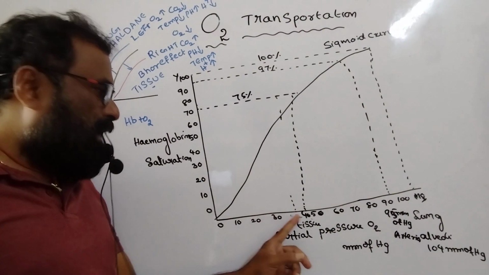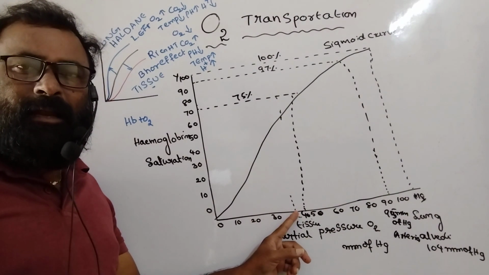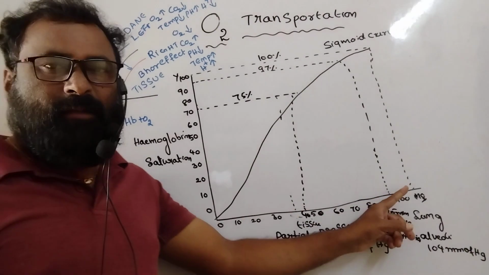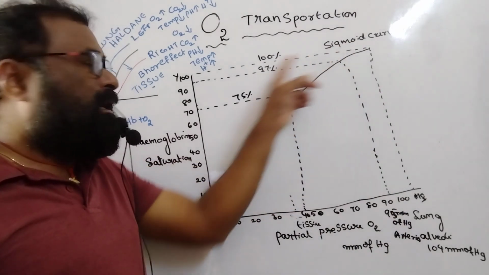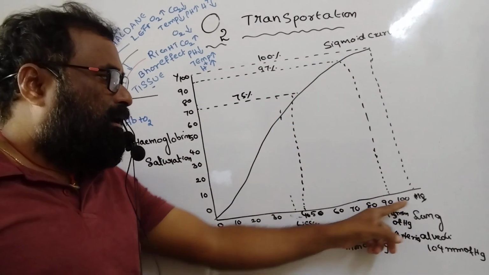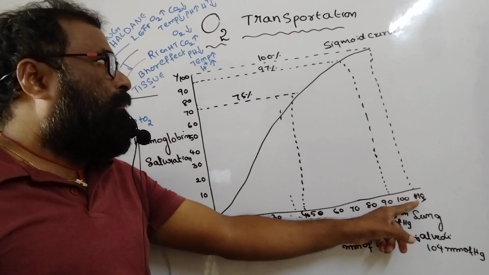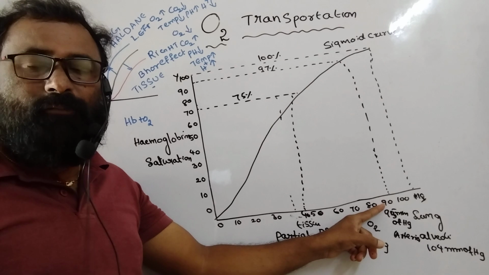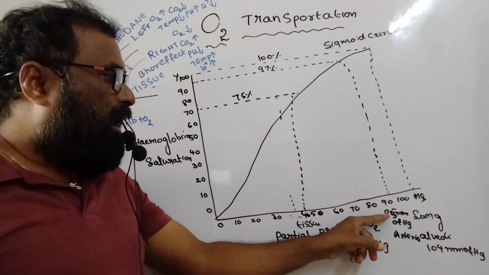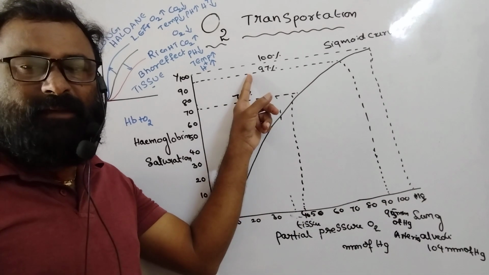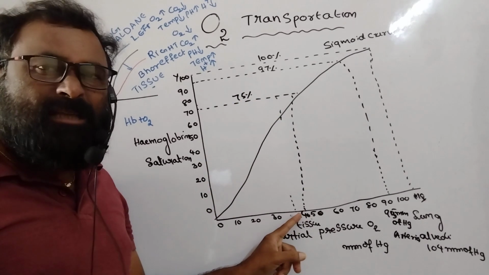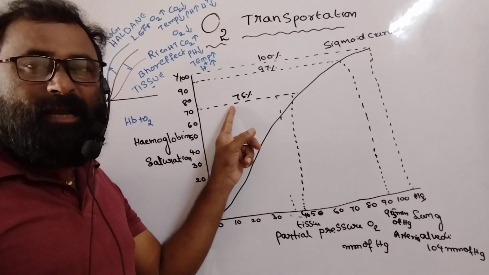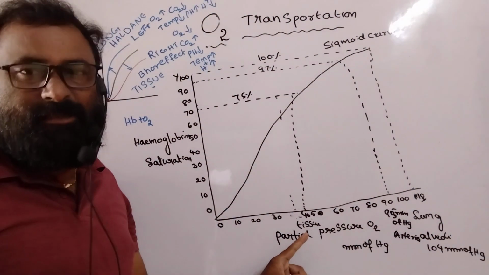How much pressure at tissue level? 40 mm of Hg. Question 4: what percentage of hemoglobin is saturated at 104 mm of Hg? 100%. At 95 mm of Hg? 97%. At 40 mm of Hg? 75%.